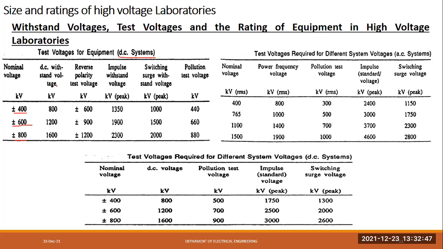And for that again there is a withstand voltage, which for 800 is almost double. We should understand that these voltages are very important, because if there is a reverse parallel polarity, at that time also there is some range of voltage, around 600, 900, 1200, plus or minus values.